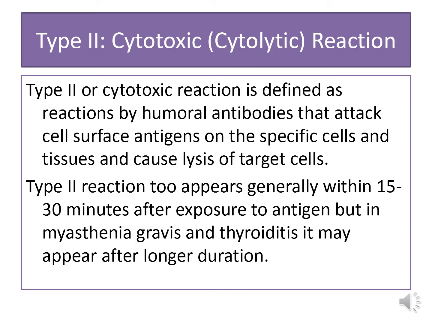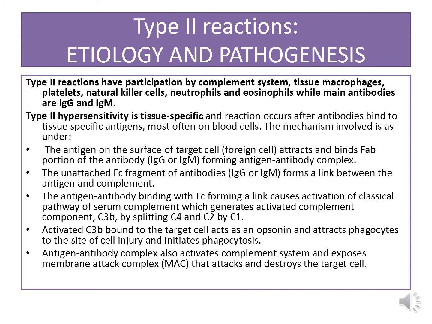Then type 2, cytotoxic cytolytic reactions, defined as reactions by humoral antibodies that attack cell surface antigen on specific cells and tissue and cause lysis of target cells. It appears within 15 to 30 minutes after exposure to antigen. But in myasthenia gravis and thyroiditis, it may appear after a longer duration.